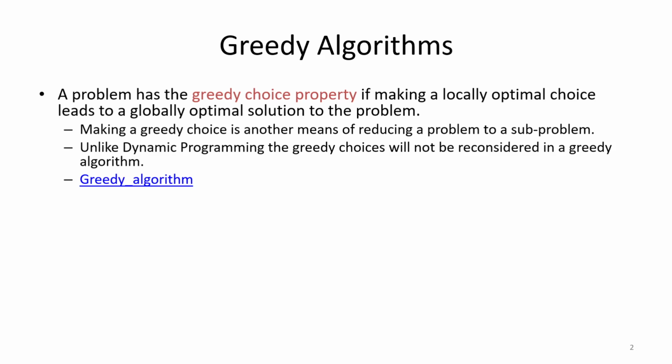This is a way of reducing the problem to the subproblem, although it's almost simpler in some ways. So we're not actually going to use self-reductions in this portion in the same way we did in divide and conquer and dynamic programming. That's because the self-reduction in this case would be very simple, not even worth writing down.